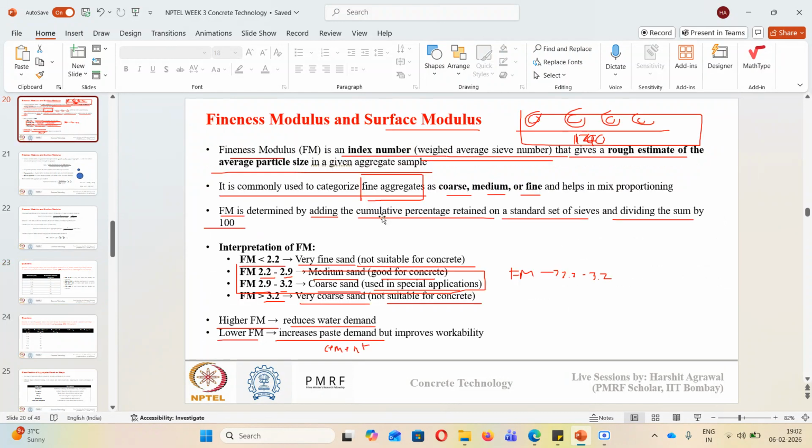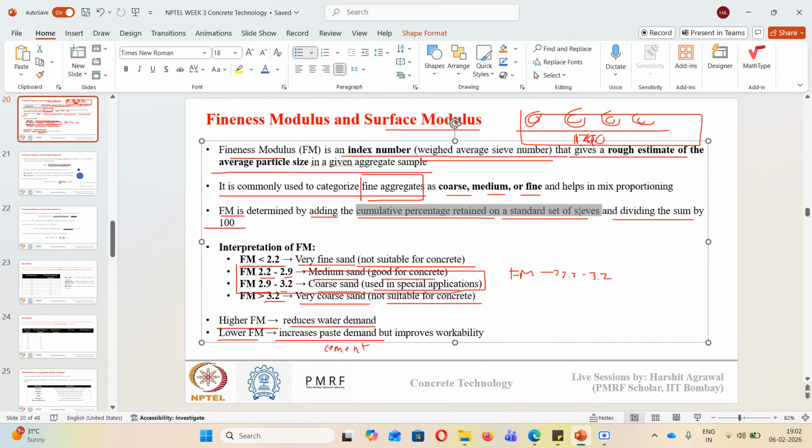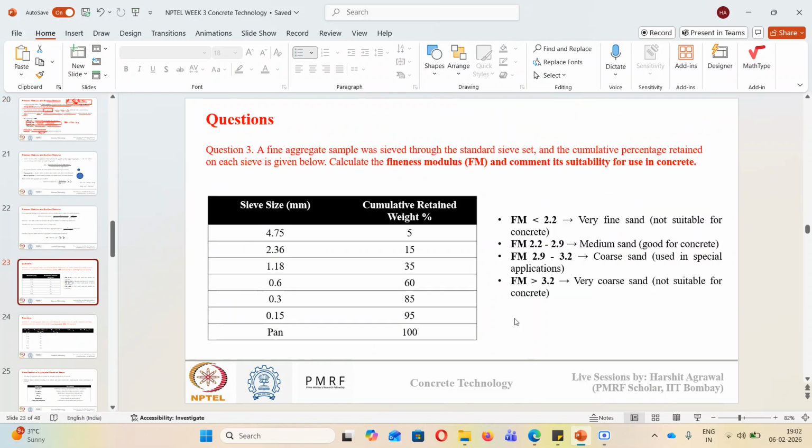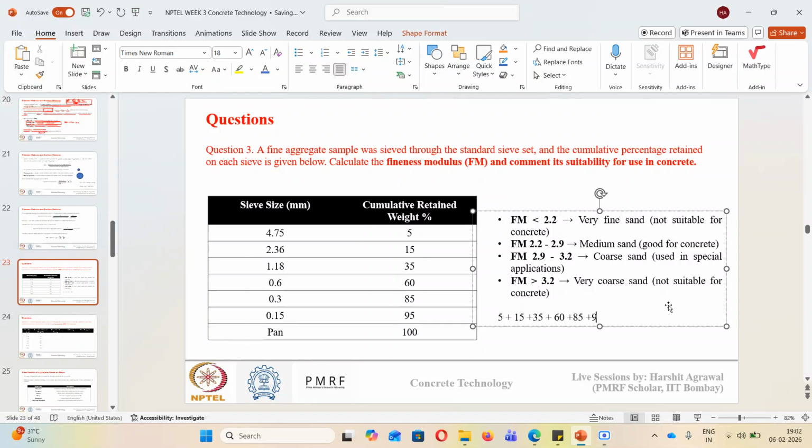Just remember here, it is the cumulative percentage retained on each sieve size divided by 100. So it will be 5 plus 15 plus 35 plus 60 plus 85 plus 95, divided by 100.